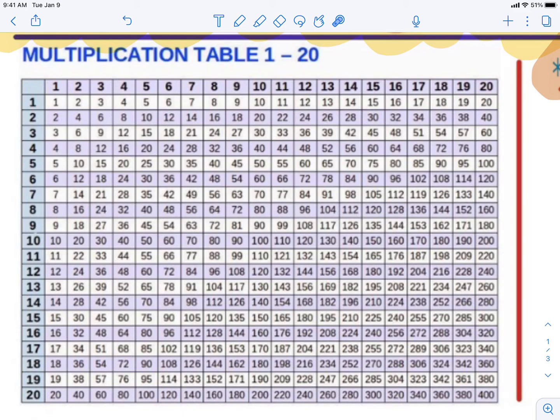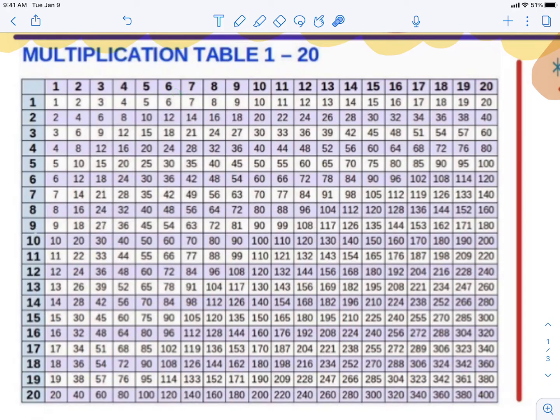Okay, under this 4 here, I see 36, but I don't see 18, so I know it's not 4. 36, 18, and 48. Let's see.